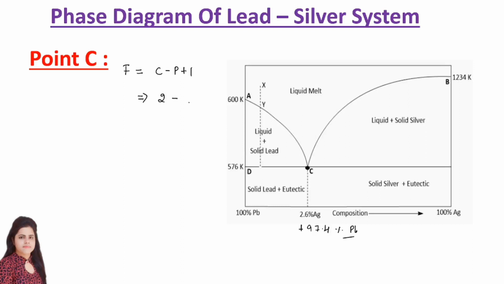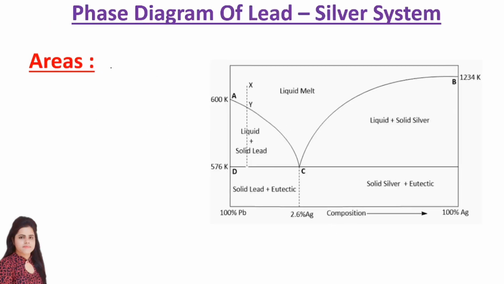The number of phases is 3, because we have solid lead, solid silver and their solution, all coexisting at this point. So 2 - 3 + 1 gives 0. It means it is a non-variant or invariant system. At point C, the eutectic point, the degree of freedom is 0.